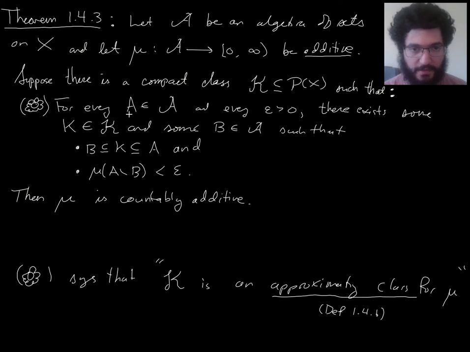So the way I like to think about this condition is that it sort of says that K, fancy K, has enough sets in it that, by knowing how mu operates on sets that are near to K, or the sets that K approximates, you can sort of by limits fully understand the behavior of mu.